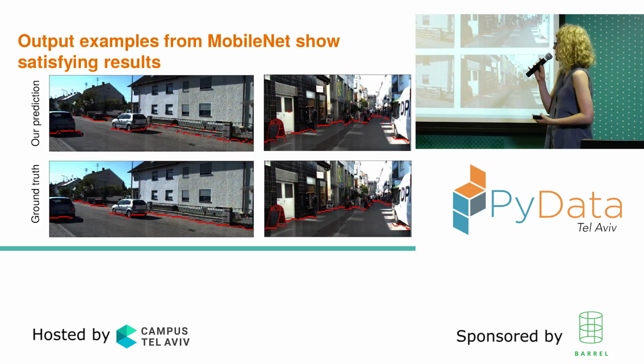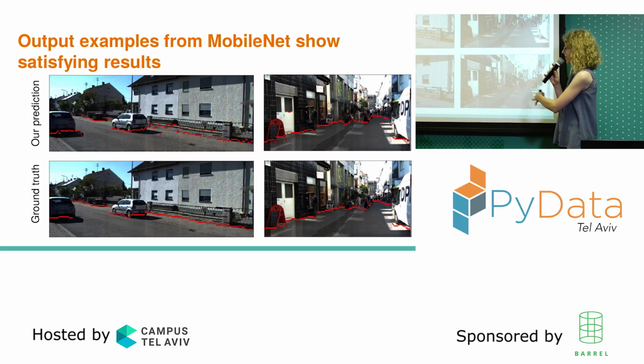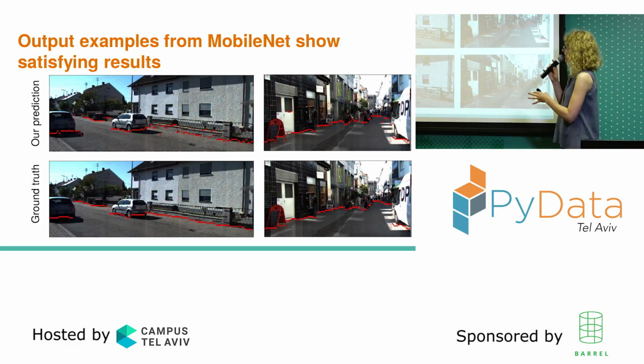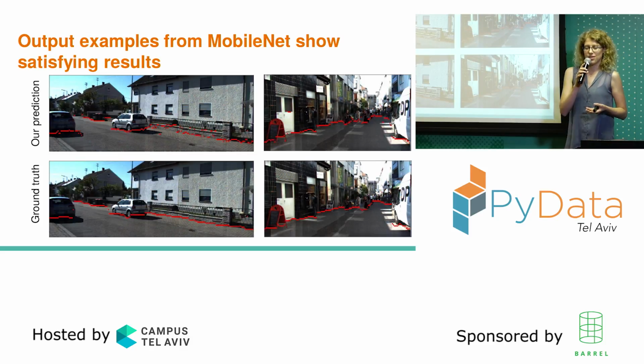And also it's interesting to look at the images to see how the network actually performed. On the bottom you see the ground truth, and on the top you see our prediction. First of all, we can see that the results are satisfying. And also I think it's very interesting to look where the network missed and misclassified some things.